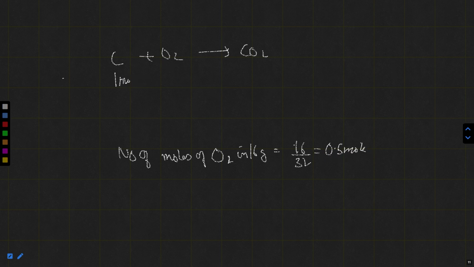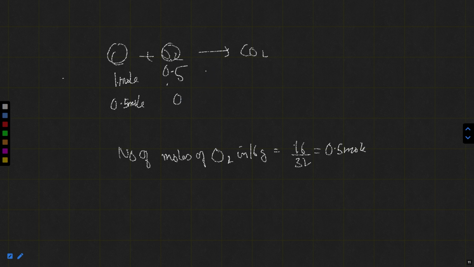So 1 mole of carbon is reacting with 0.5 mole of oxygen. Now each equivalent of this would require one equivalent of this. So if 1 mole of this reacts with 1 mole of this, 0.5 will react with only 0.5 of this. Therefore after the reaction is completed, we will be left with 0.5 mole of carbon and 0 mole of O2.